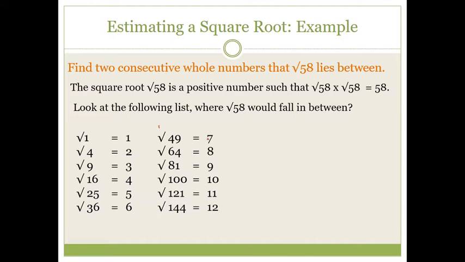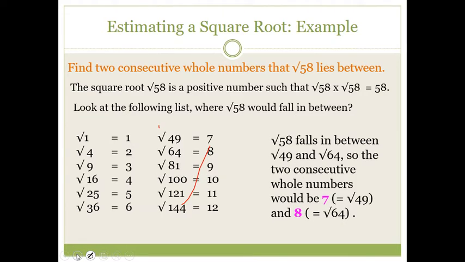So 7's too small. Then when I try 8, 8 times 8 is 64, so the square root of 64 is 8. Well, that's bigger than the square root of 58, right? So I notice that the square root of 58, if I'm looking at my list here, falls in between the square root of 49 and the square root of 64.